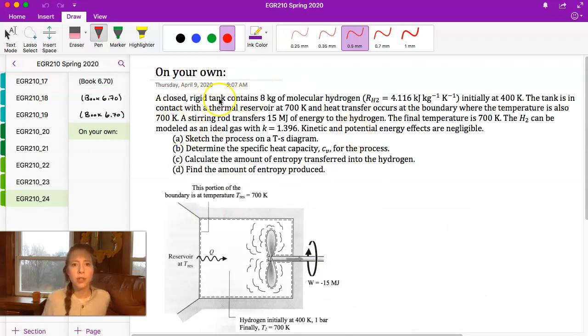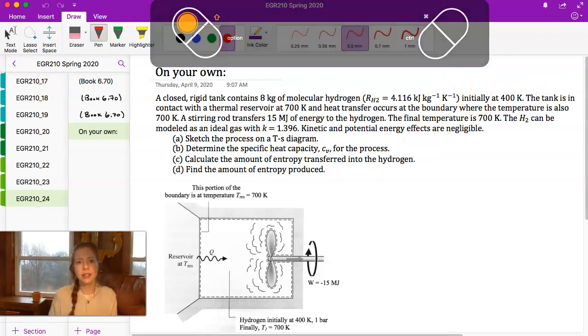A closed rigid tank contains 8 kilograms of molecular hydrogen, where R for hydrogen is 4.116 kilojoules per kilogram per Kelvin, initially at 400 Kelvin.